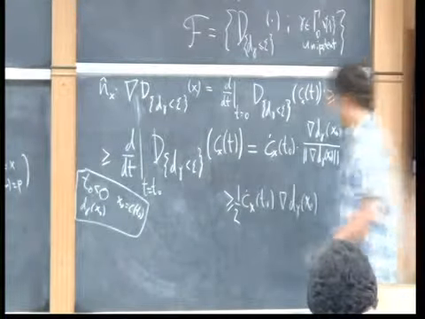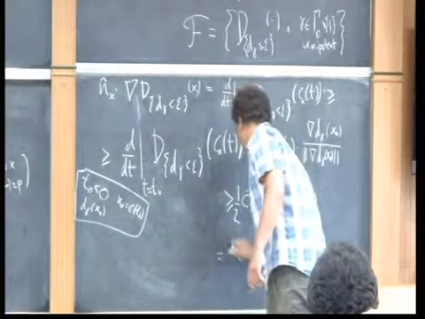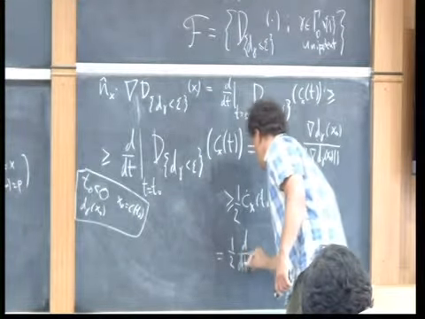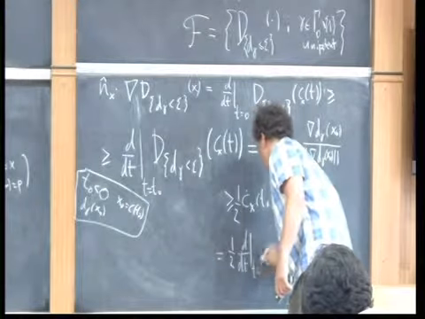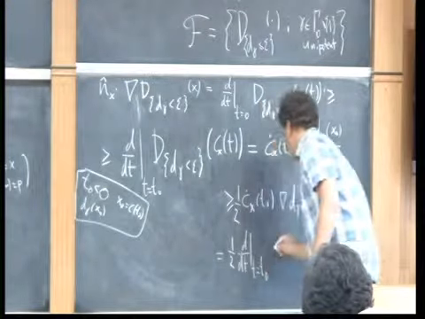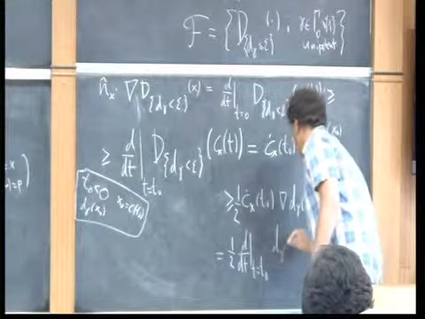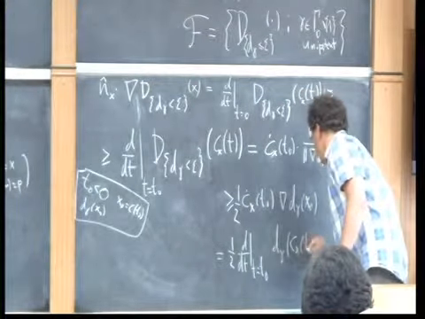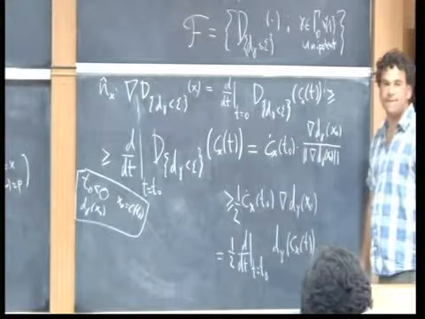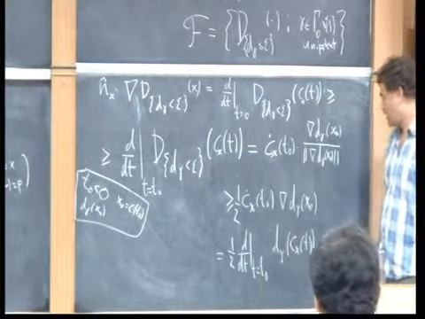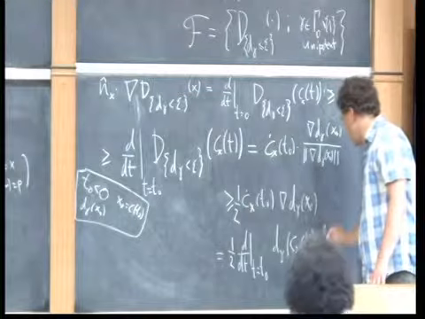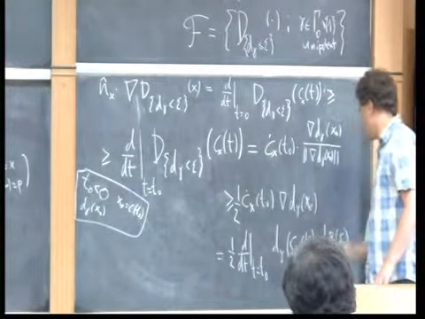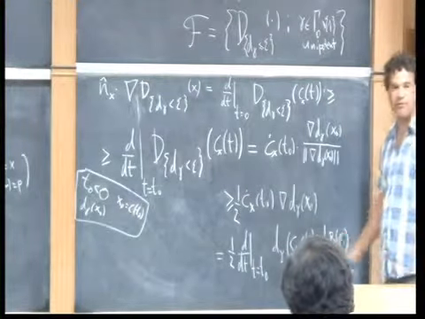And now we see, so this is exactly 1/2 d/dt at t equals t0 of the displacement function of Cx. This is exactly 1/2 beta, by definition.